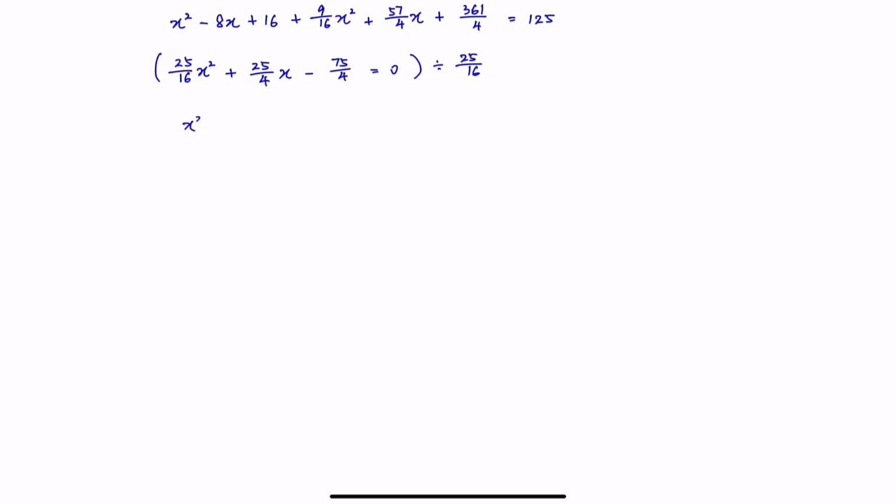So we have x squared plus 4x minus 12 equals 0. And factorizing this, we get (x plus 6)(x minus 2) equals 0. So x is equal to negative 6 and x is equal to 2.